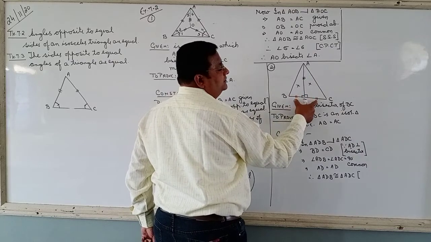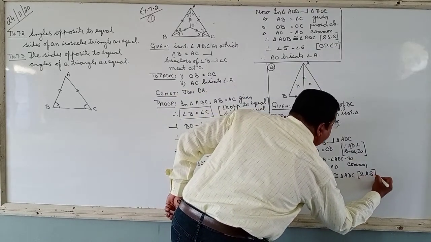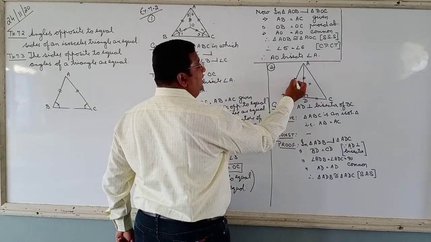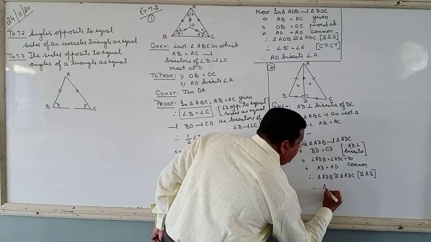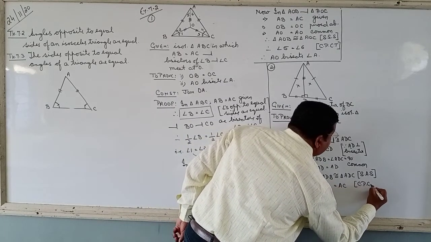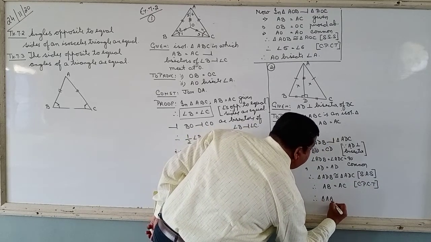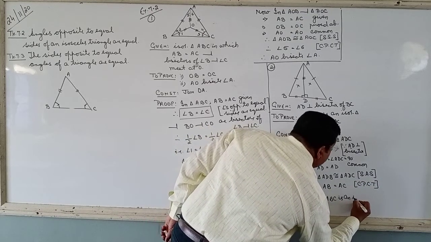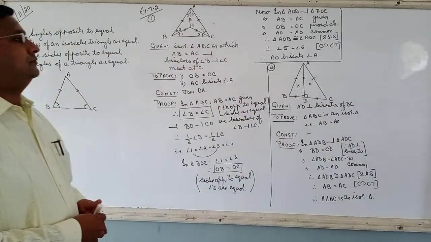Side, angle, side. SAS. And if these two are congruent, is the side AB equal to AC? So therefore AB equals AC. Reason: CPCT. Therefore triangle ABC is an isosceles triangle.